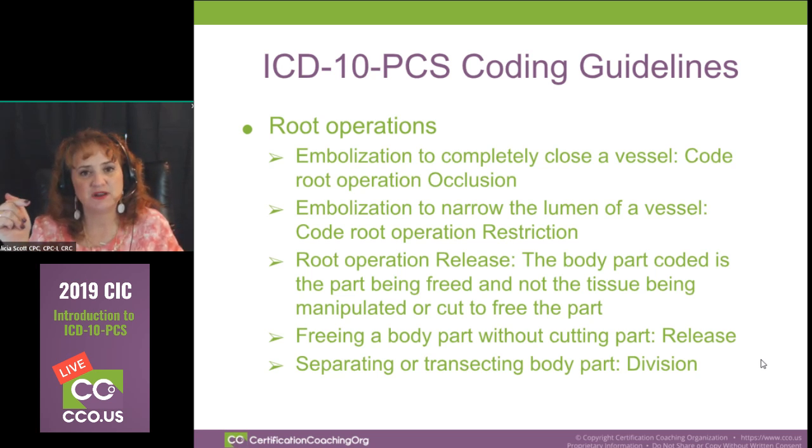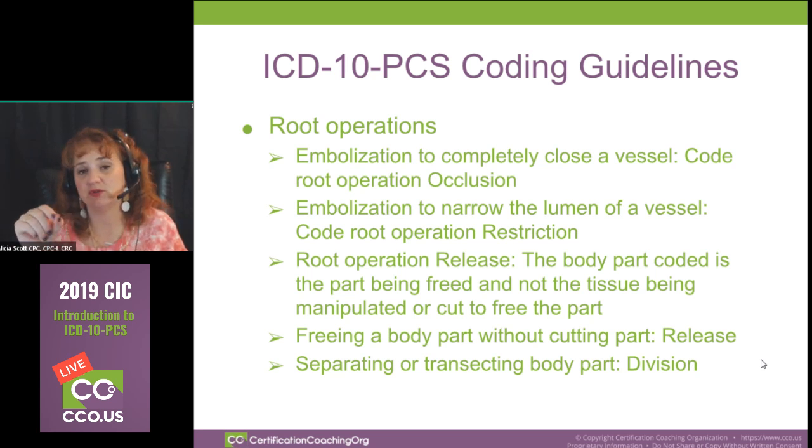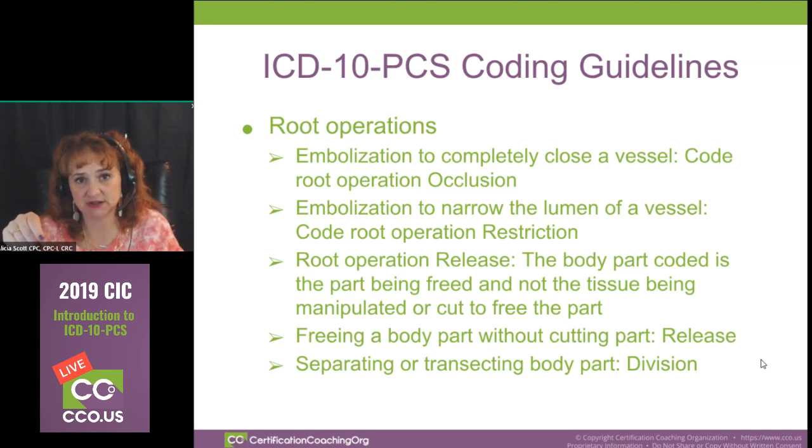Embolizations. Now, you need to know what an embolization is, but an embolization is where we're blocking something off. So if you're going to completely close a vessel, then you code as an occlusion, but it has to be completely closed off. I had an embolization done to the vessels to my uterus. It's called a uterine embolization because of a giant fibroid that I had.